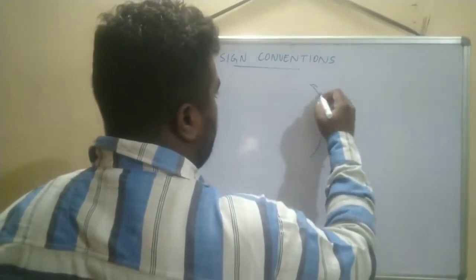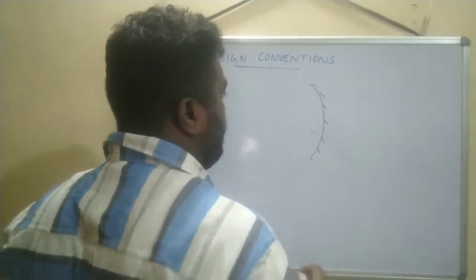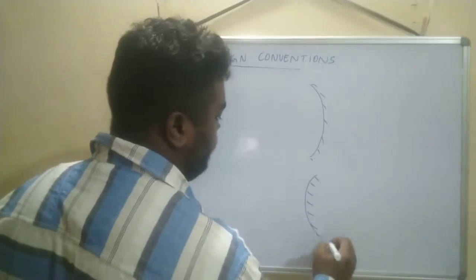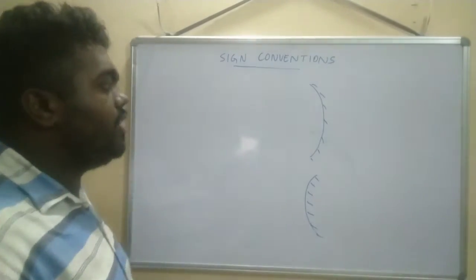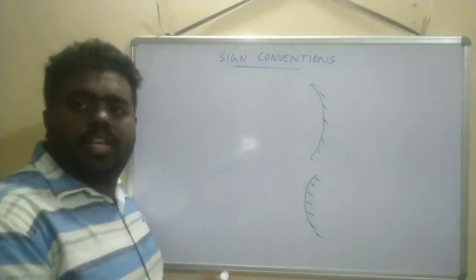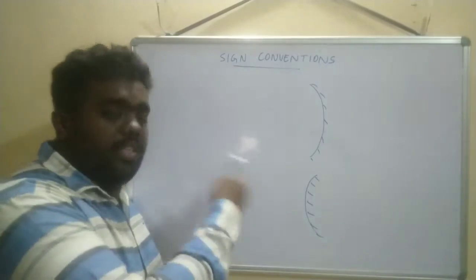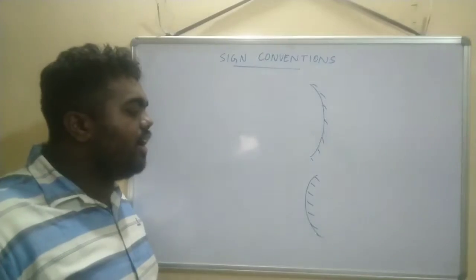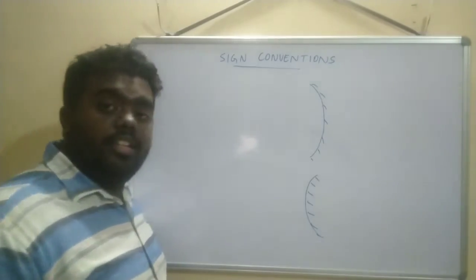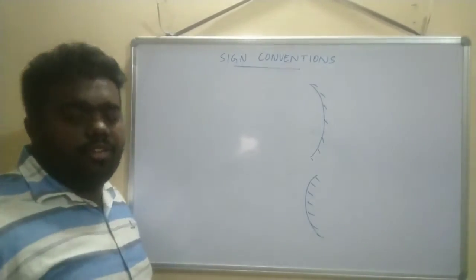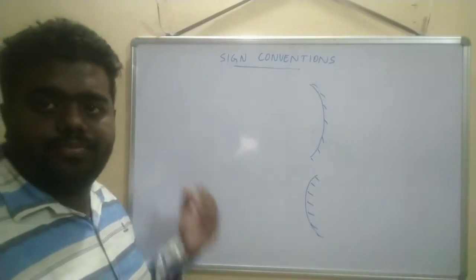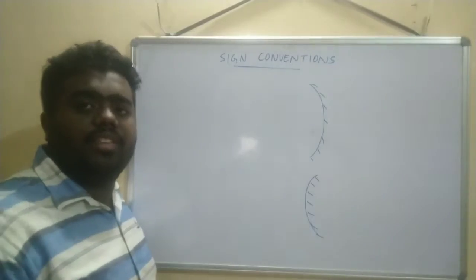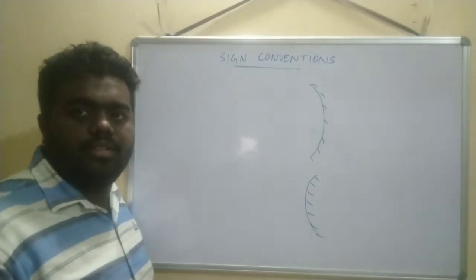this is for example a concave mirror, or convex mirror. The measurements like object distance or image distance, that distance is taken as negative when they lie on the left side, and it is taken as positive when they lie on the right side.